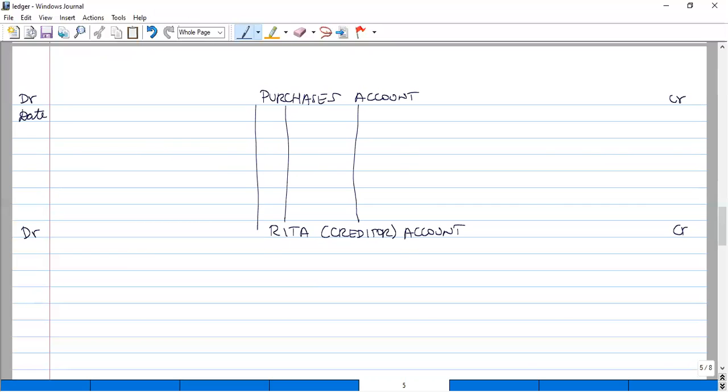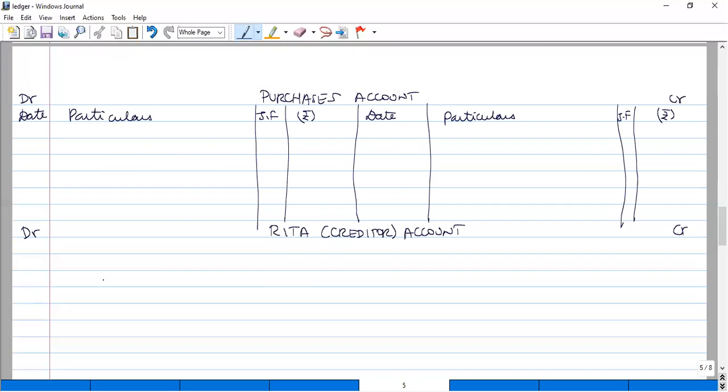Date, particulars, journal folio, amount. Then once again on the credit side, date, particulars, journal folio and amount.